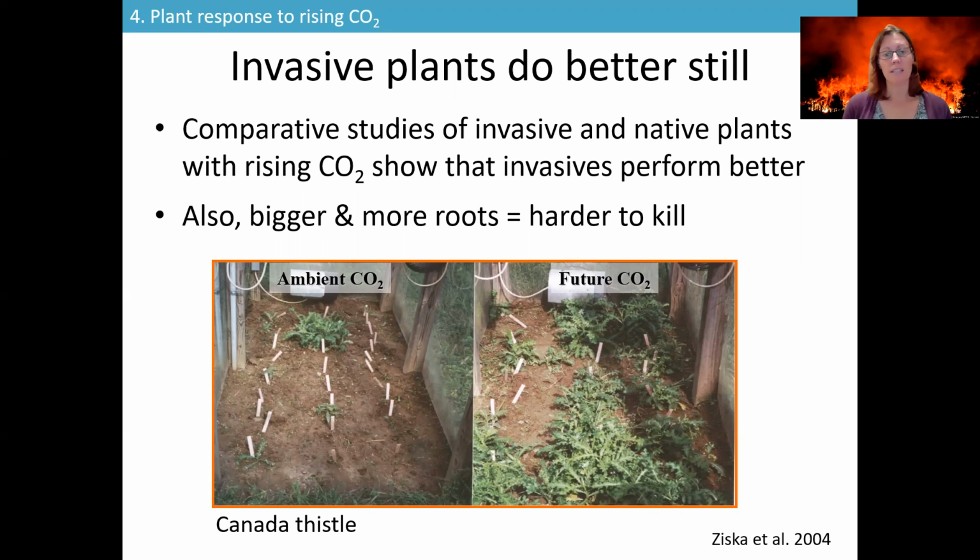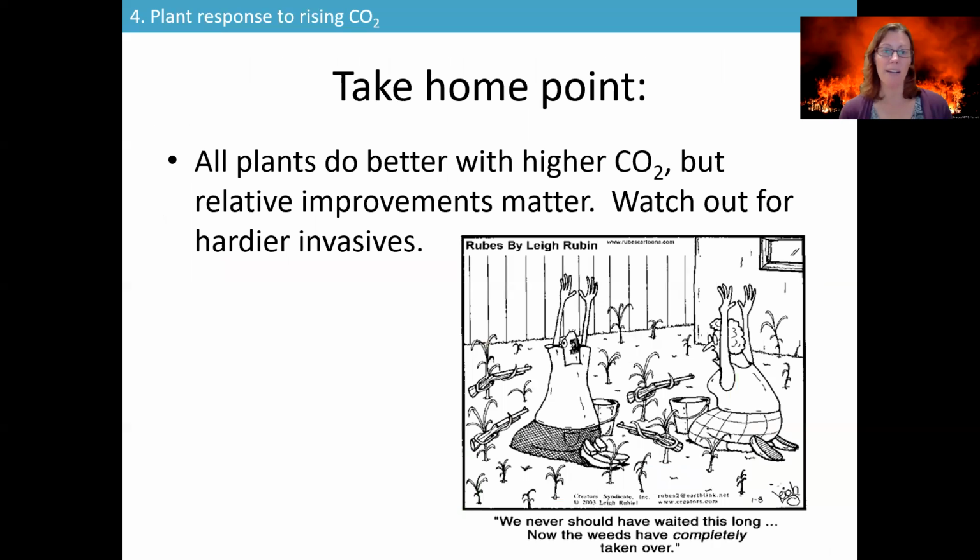And because herbicides target the shoot part, the leafy part of the plant, even if the herbicide was able to kill the leafy part, those plants had enough below-ground root biomass that they were able to bounce right back. So take-home point: all plants are doing better with more CO2, but who wins in this battle really matters. And invasive plants tend to be the ones that do the best consistently over and over again.